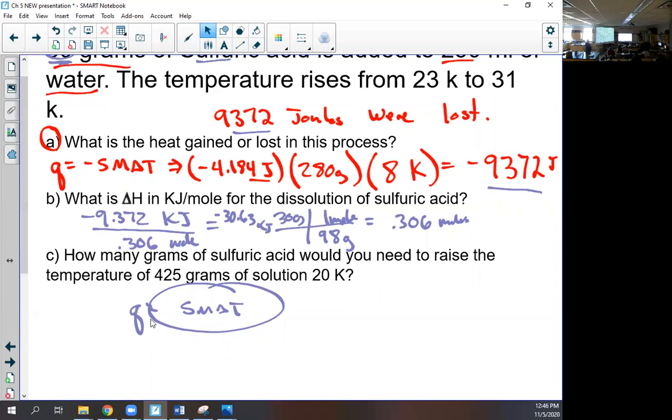Part C. Let me erase this. Part C. How many grams of sulfuric acid would you need to raise the temperature of 425 grams of solution 20 Kelvin? All right, so we look over here at that list.